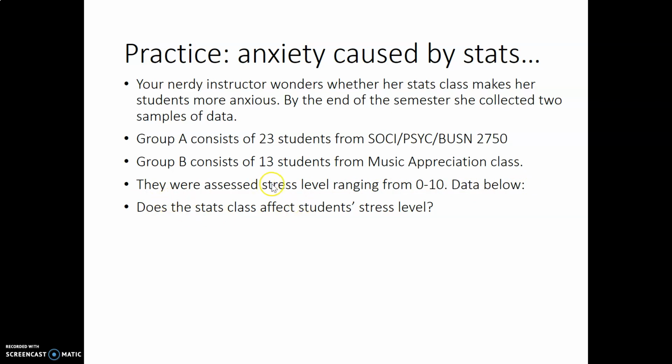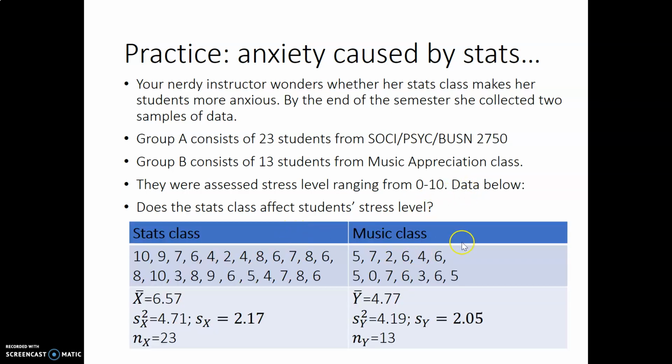My question is, I'm going to ask you to test the hypothesis whether my stats class makes the students more anxious or not. So this is the data here. Here are the 23 students from our stats class, and this is your stress level ranging from 0 to 10.